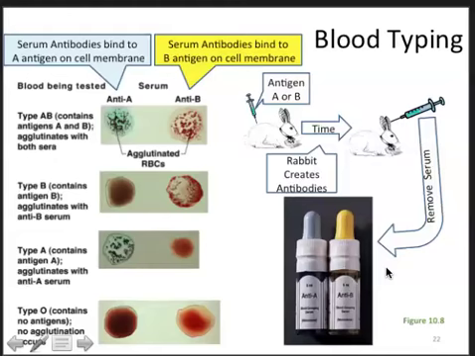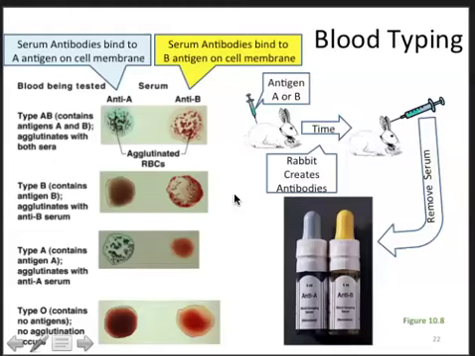We will take a sample of blood from the individual who's going to be transfused, and we'll mix it with the anti-serum. If the anti-serum recognizes an antigen on the surfaces of the red blood cell of the potential recipient, you'll get what's called an agglutination reaction. That will result in the clumping of red blood cells, which will eventually lyse.